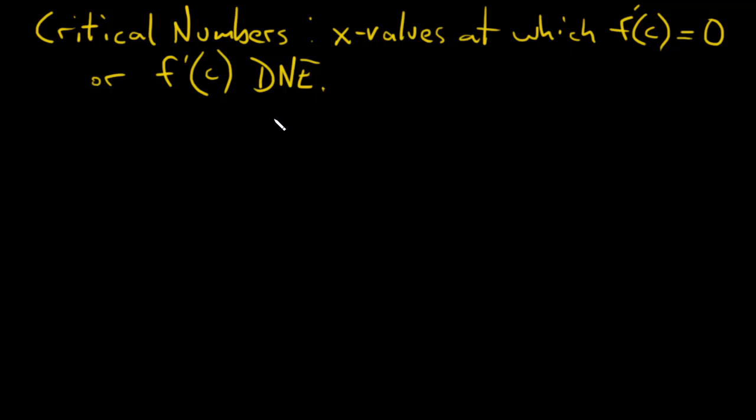Okay? So those are our values at which we have slopes of 0 or the slopes don't exist. Okay? That's it. So everything that we've done so far has been finding critical numbers, the mins and the maxes, and in the case of the cusp, that's also a critical number because the derivative doesn't exist.